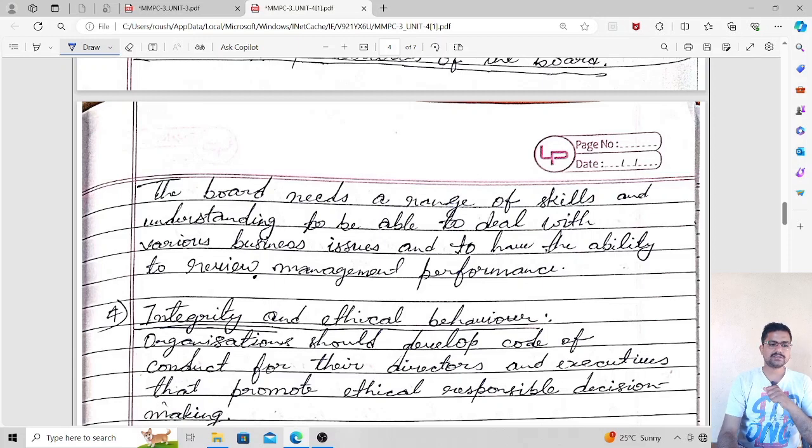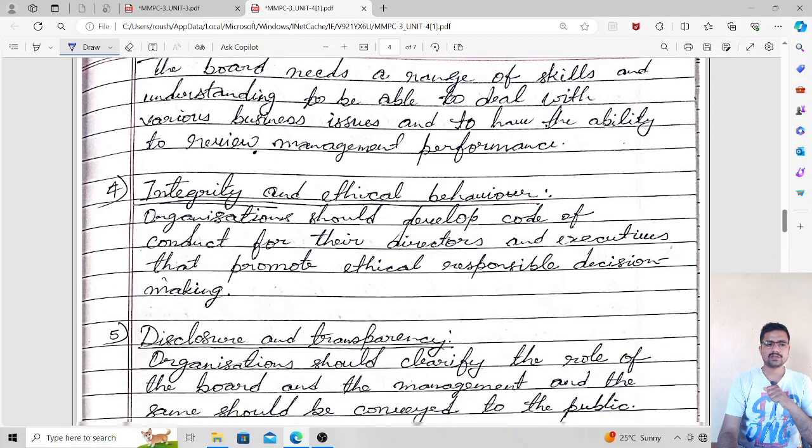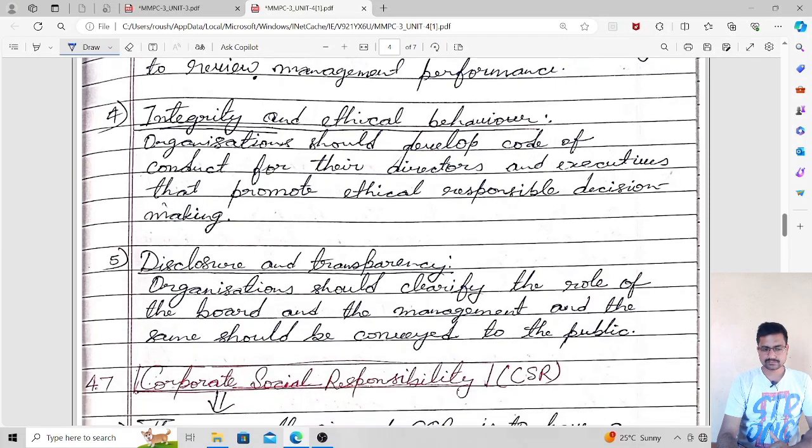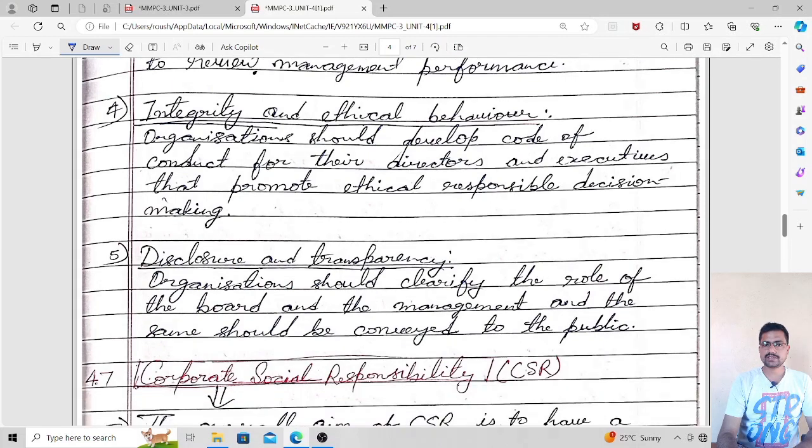Integrity and ethical behavior. So here these all points are all about corporate governance, means how a particular organization should work or function.